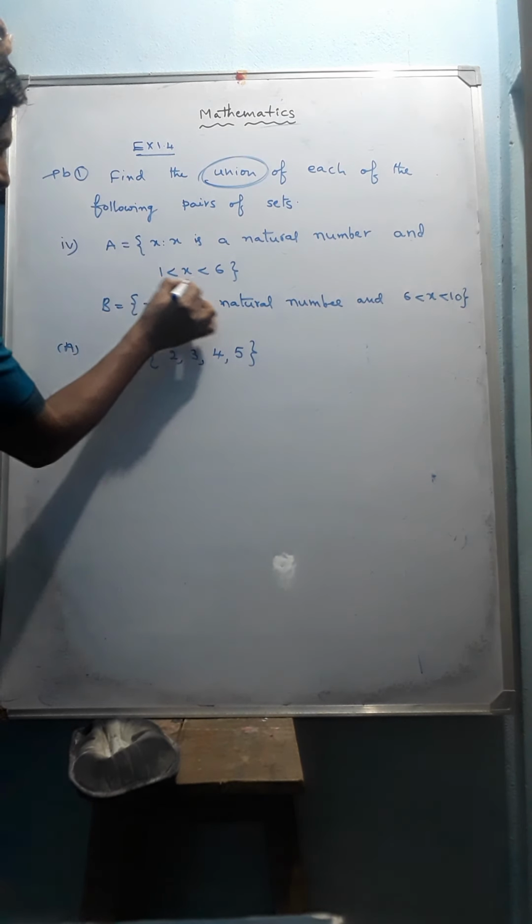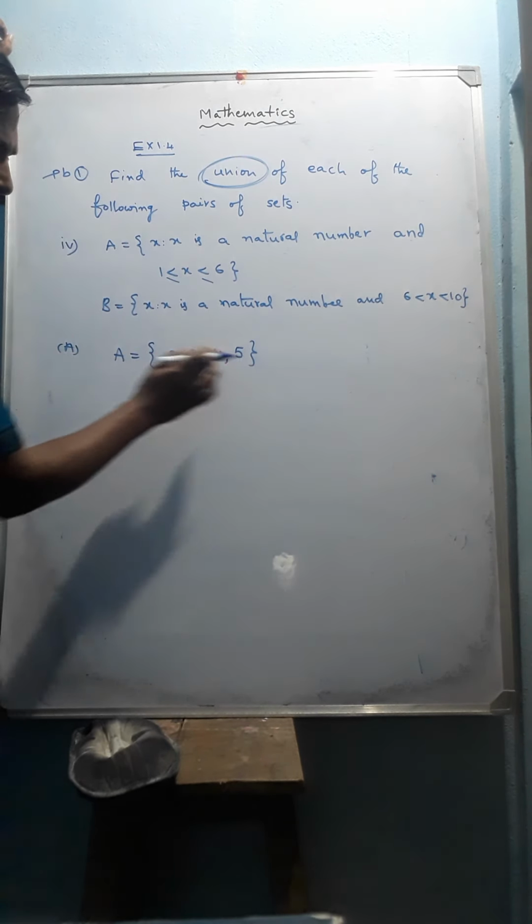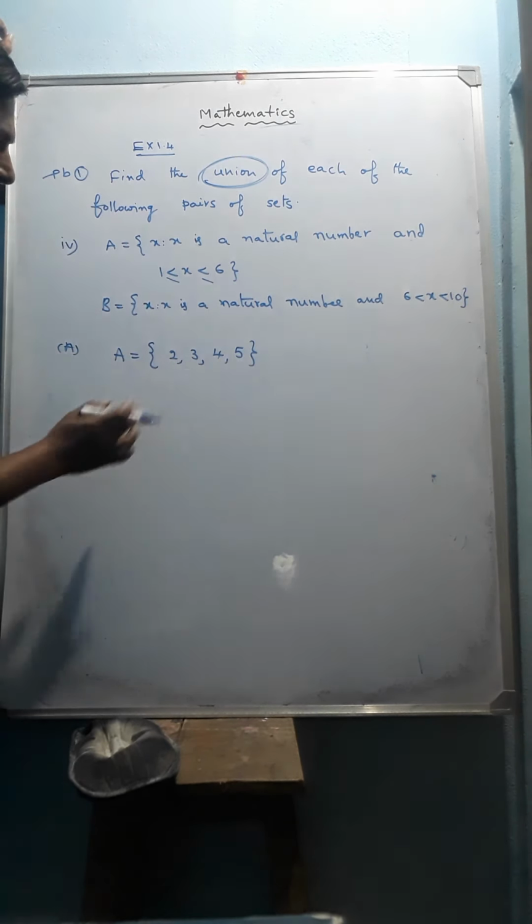Suppose if an equal symbol is there, 1 also will come, 6 also will come, but there is no equal symbol. So you have to write between values only. Those values must belong to natural numbers. Next, B is equal to the set of x is a natural number and that x value is between 6 and 10. That means 7, 8, 9. Okay, 10 will not come.